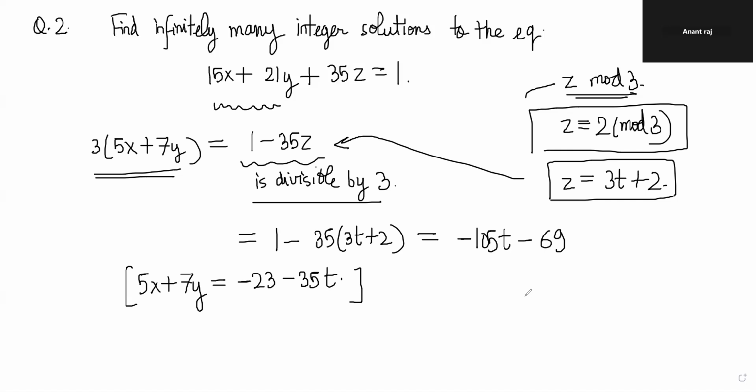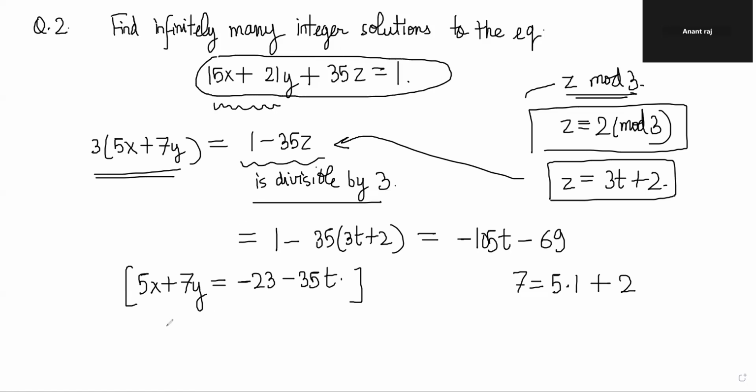One solution of x, y, z was visible, so obviously, basically, you can say 7 is 5 into 1 plus 2. So x=1, y=1 and z=-1, but that's not in the original. I am looking at this equation right now. Think of solutions to this equation. We have simplified stuff.